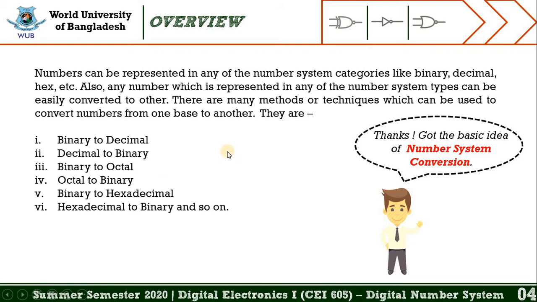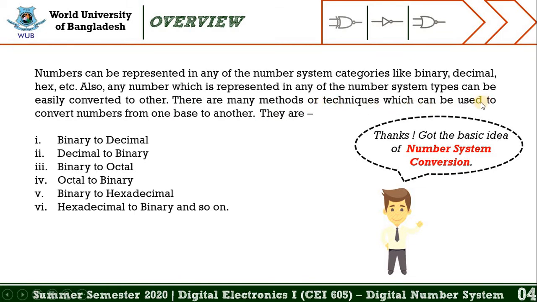First, we need to know the overview of number system. So let's begin. Numbers can be represented in any of the number system categories like binary, decimal, hex, etc. Also, any number which is represented in any of the number system types can be easily converted to another.